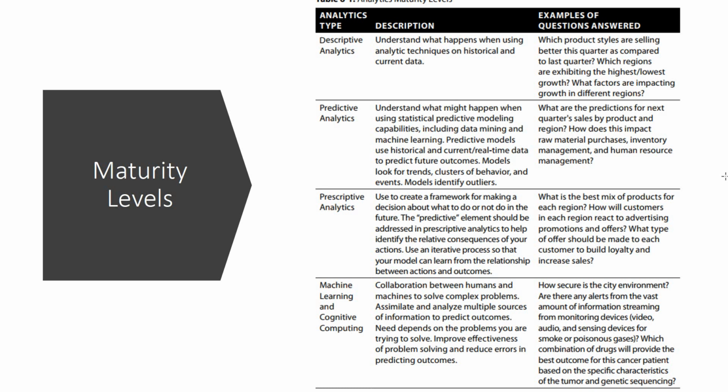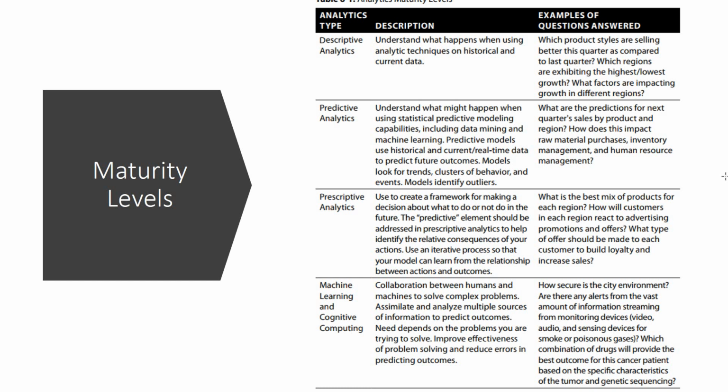Coming to predictive analytics, it's very important to understand what it is. Predictive analytics is all about understanding what might happen when using statistical predictive modeling capabilities, which can include data mining and machine learning techniques. Predictive models use historical and current real-time data to predict future outcomes. The models will always look for trends, clusters of behaviors, and events. Models also identify the outliers. This is a very important aspect to understand.